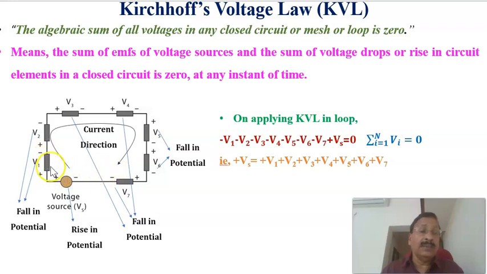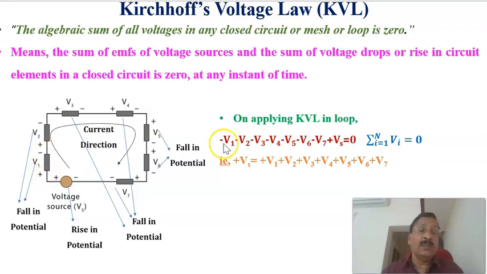Starting from here, if you start in this direction, going from plus to minus, the voltage drop is there. Normally, the voltage drop is taken as negative and voltage rise is taken as positive while we are writing the KVL equation. Therefore, coming to this loop, the drop is equal to minus V1.